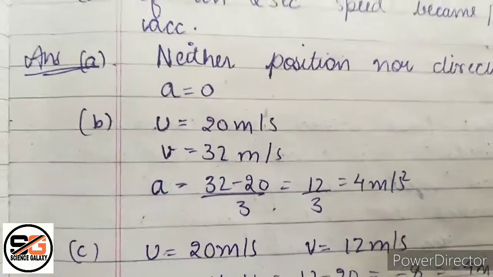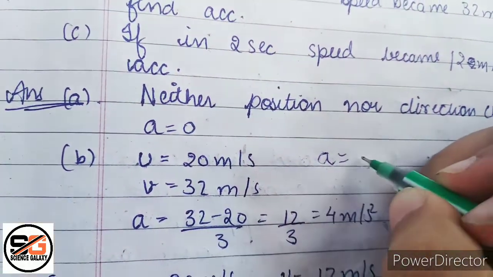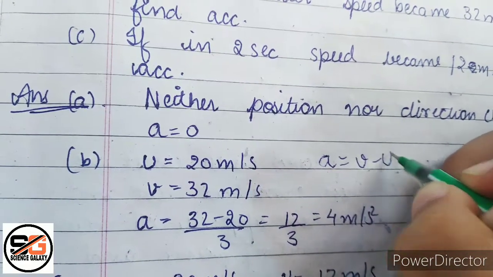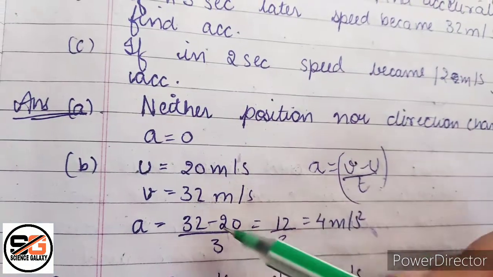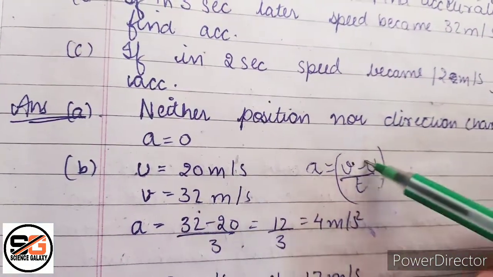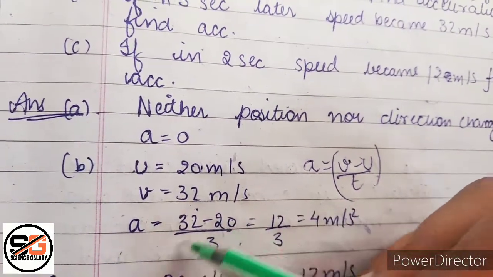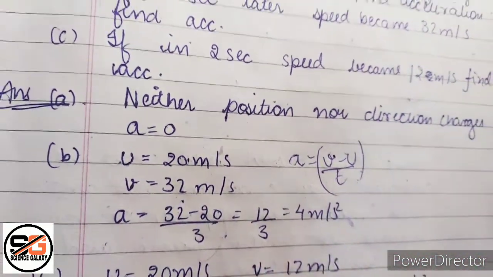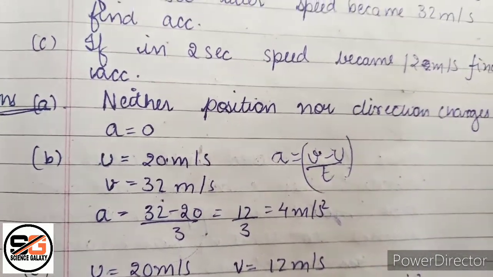We know a formula that acceleration is equal to v minus u upon t. Here v is 32 meters per second, u is 20 meters per second, and time taken is 3 seconds. So the acceleration would be 4 meters per second square.